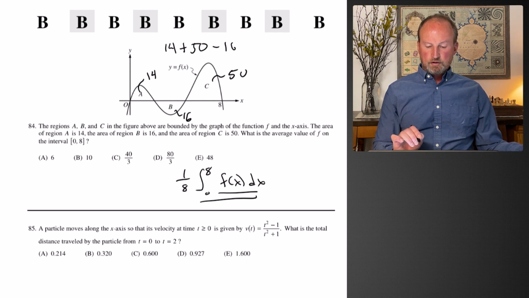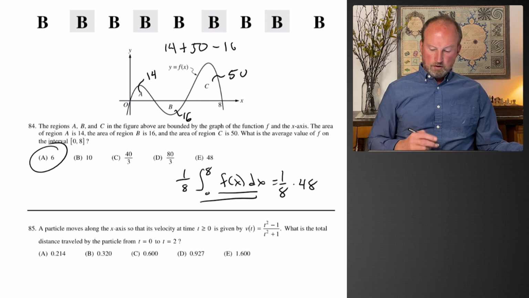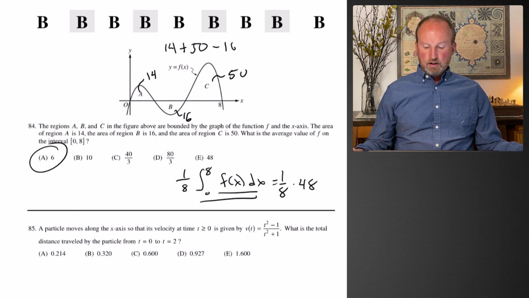Area below the x-axis is negative, area above the x-axis is positive. That becomes 48. So this is 1 over 8 times 48, which is 6. Be able to translate verbal descriptions into calculus notation. As soon as you hear average value, boom, throw down the average value equation.